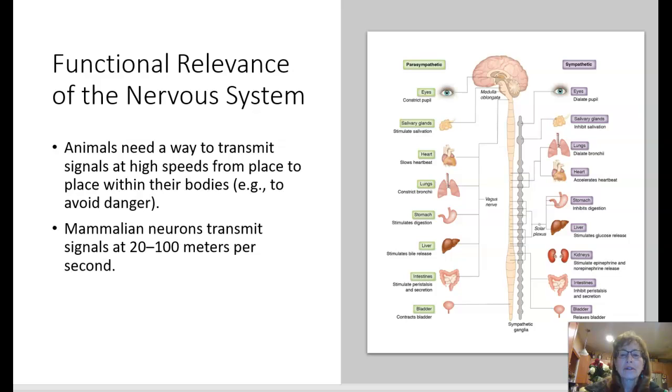Our nervous system is able to communicate very, very rapidly with different places in the body. This is why animals primarily need a nervous system. They need some way of communicating between what they see in their visual world, or hear, and how their body responds to that. So neurons can move signals at a very, very rapid pace, 20 to 100 meters per second, so pretty impressive.